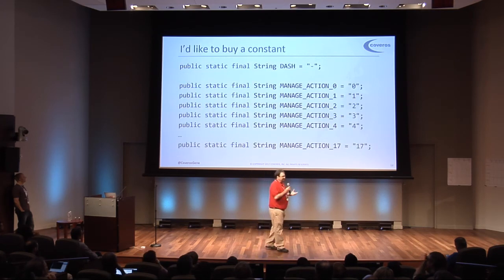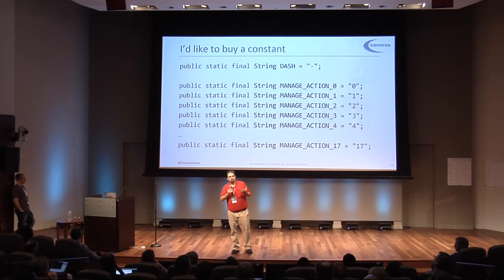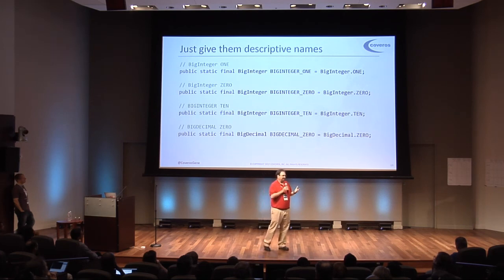Constants can help you with magic values that help the other developers know what you're trying to do. Like, what did the dash represent, or what action was the value of 12 managing? But you have to make sure to give them clear names. Not like those complicated ones that the language gives them, right?